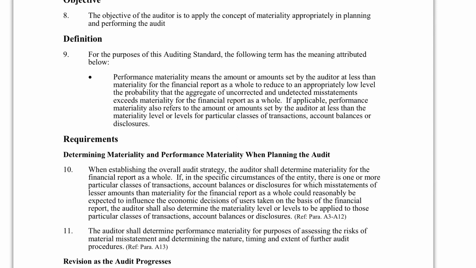Into our definitions here, the performance materiality is the amount set by the auditor at less than materiality for the financial report as a whole. So really we have 2 levels of materiality. We have planning materiality, which is what we look at for the entire set of financial statements, and then we also have performance materiality.